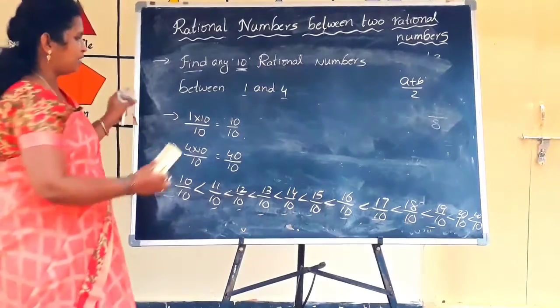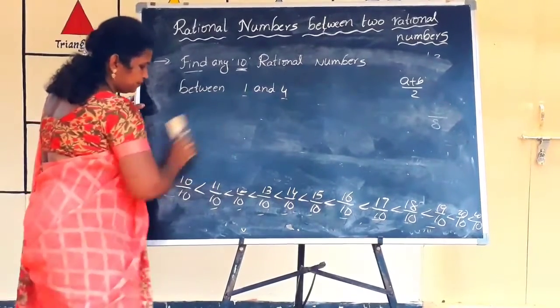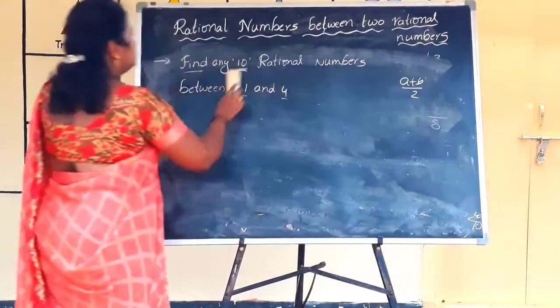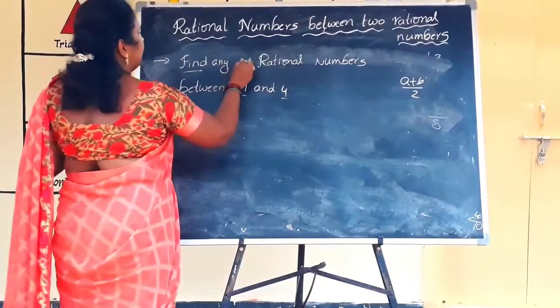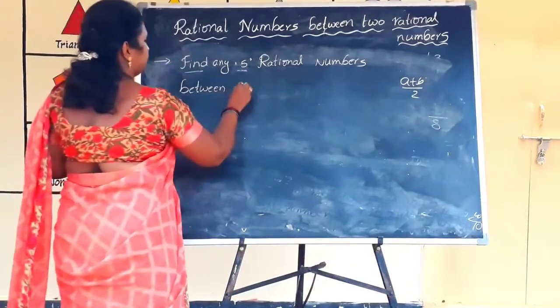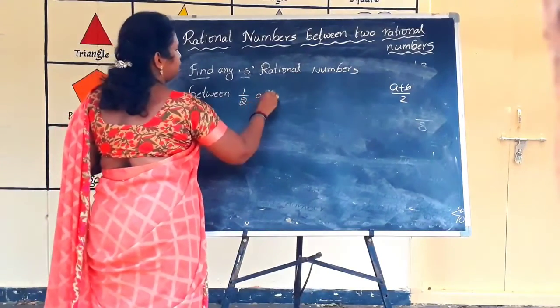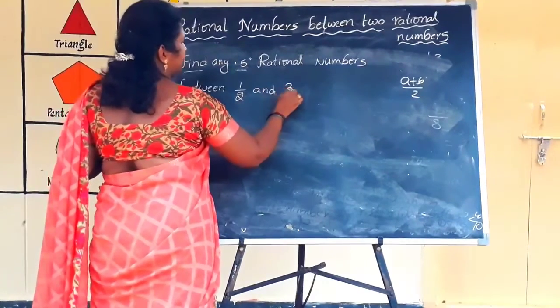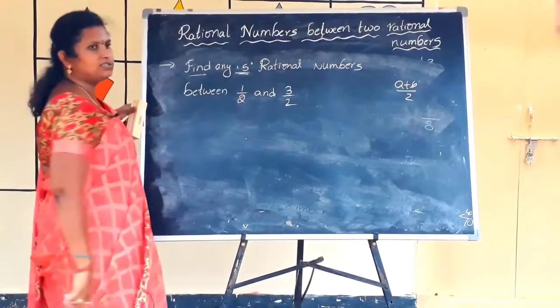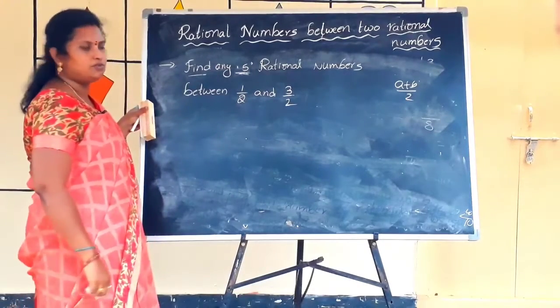Okay. Now let us see one more example. Insert any 5 rational numbers between 1 by 2 and 3 by 2. Here also we have to insert 5 rational numbers between 1 by 2 and 3 by 2.